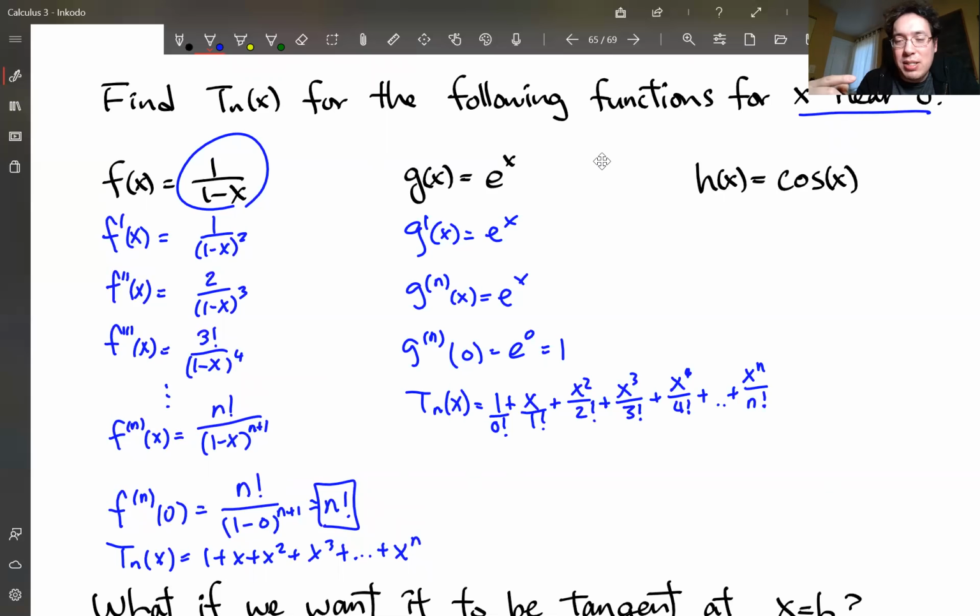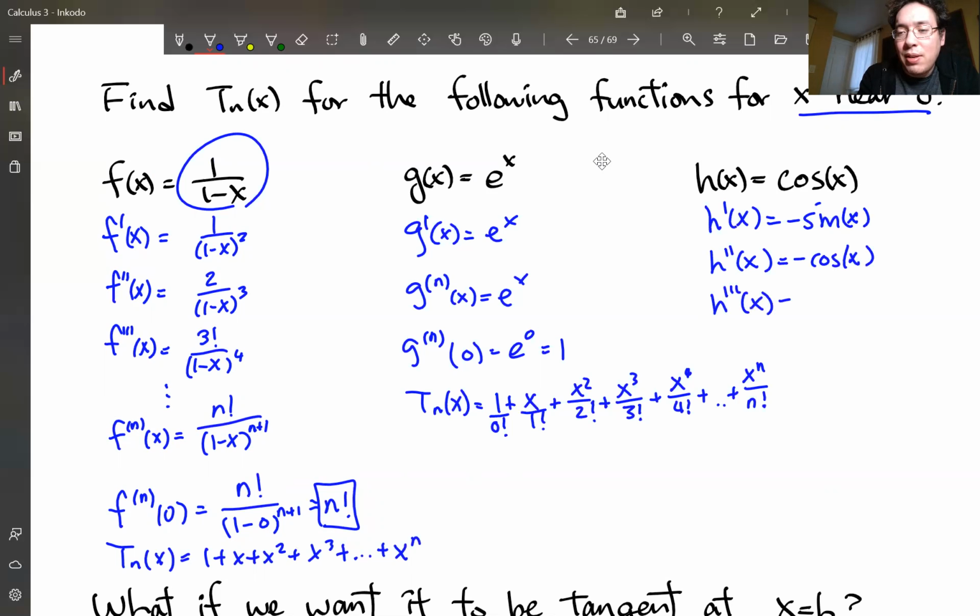So cosine has a periodic derivative pattern, right? The first derivative is going to be negative sine. The second derivative is going to be negative cosine. The third derivative is sine.